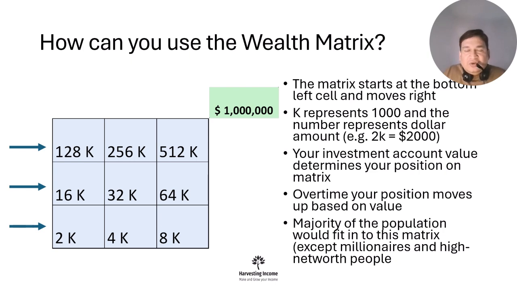As we know, K represents $1,000, so 2K represents $2,000. I explained that. Your investment value basically changes over time. Sometimes it goes up, sometimes it goes down. Sometimes you come from 32K and you can move down to 16K. That can be a little scary.